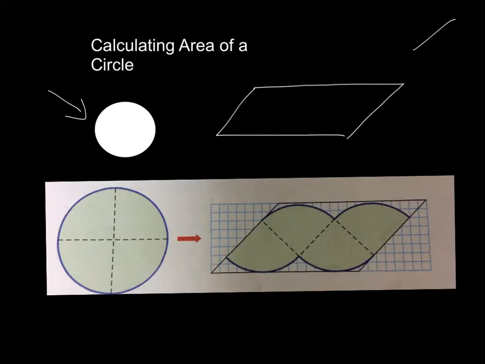And just to review, this shape on the right is a parallelogram. Now, if you remember from grade 7, the formula for a parallelogram is A equals base times height, right?